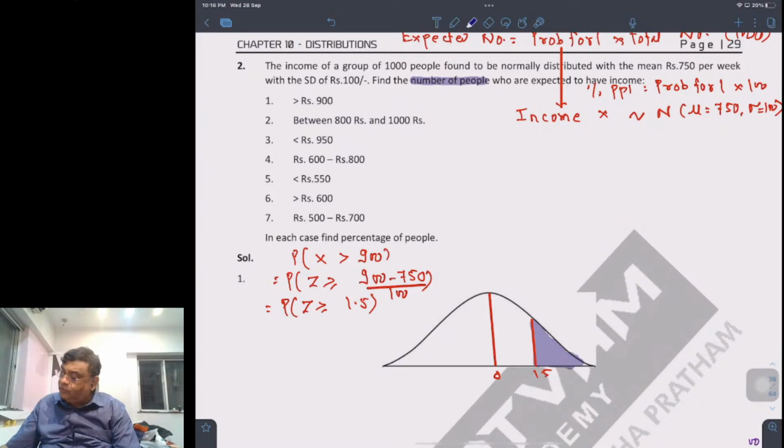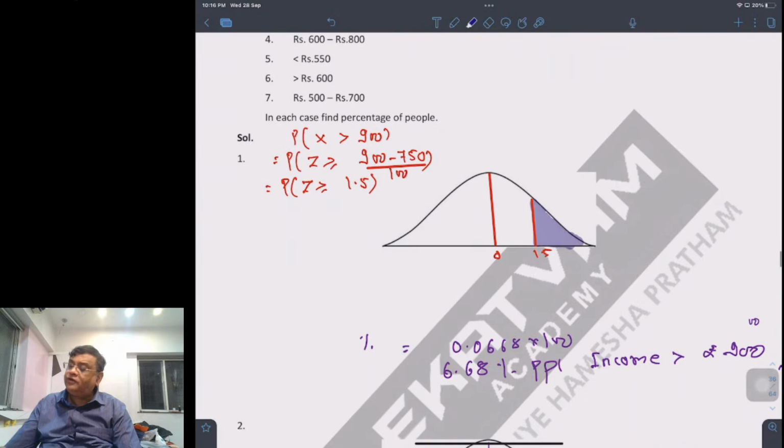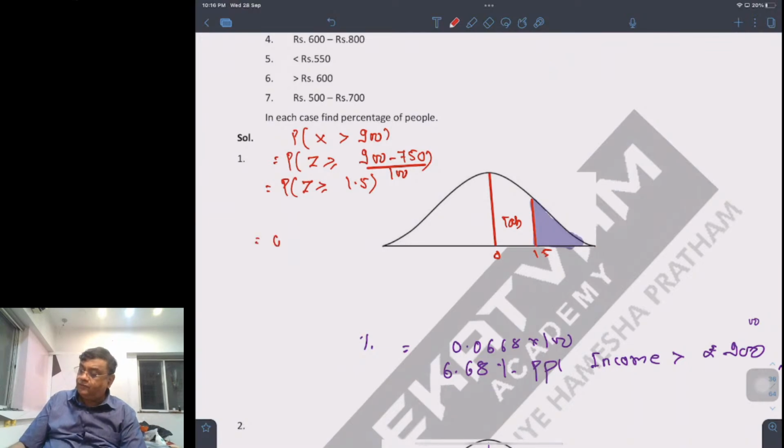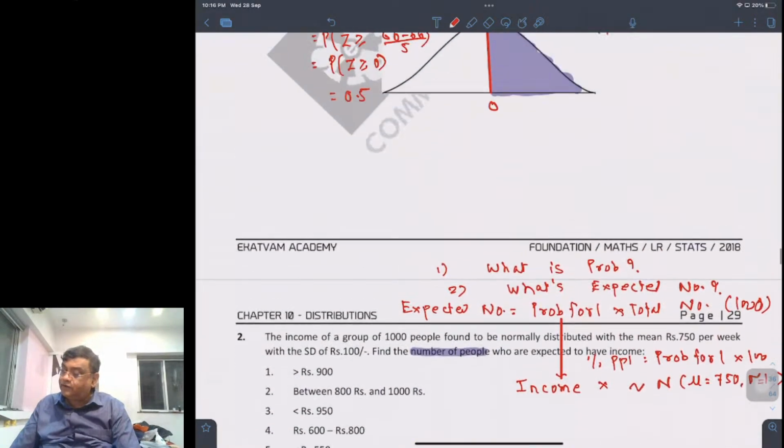अभी तुम मेरे को बोलो, if I want this area, what is the adjustment you are going to do? Table value is here. So what is the adjustment? It is 0.5 minus table value for 1.5. But ये 1.5 की table value क्या है?